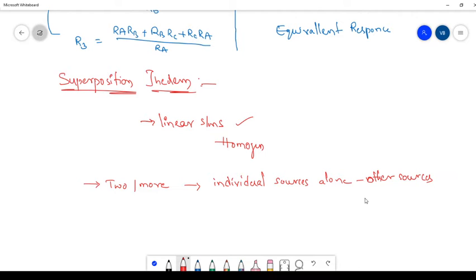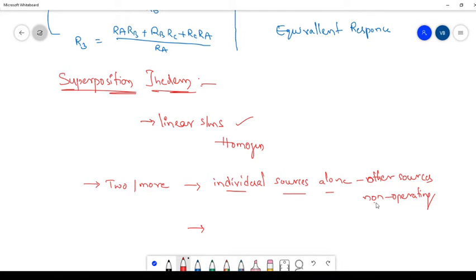That should be equal to the value we get when all sources are included. Whatever value we get when all sources are included should equal the response when individual sources act alone and other sources are not responding.